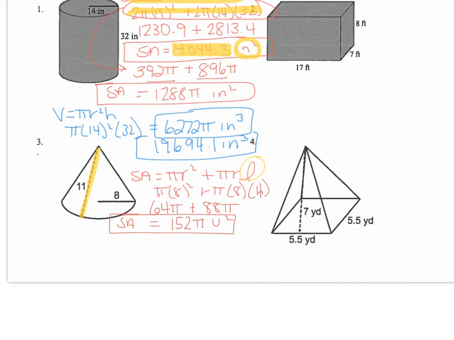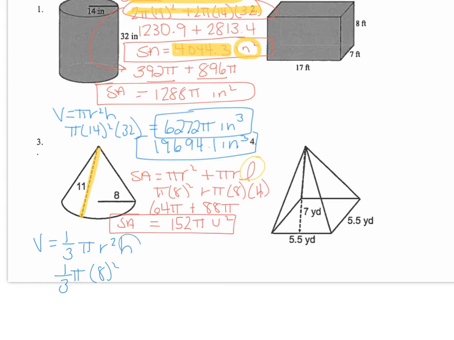Volume, 1/3 pi r squared h. So, alright, sorry, my phone keeps ringing. Alright, let's go back. Volume formula. Let's fill in what I know. 1/3 pi, my radius is 8 squared. H is my height.